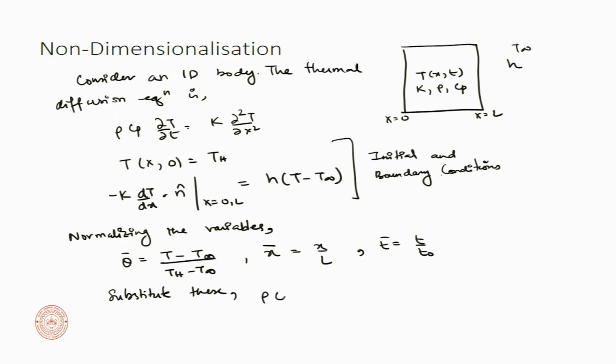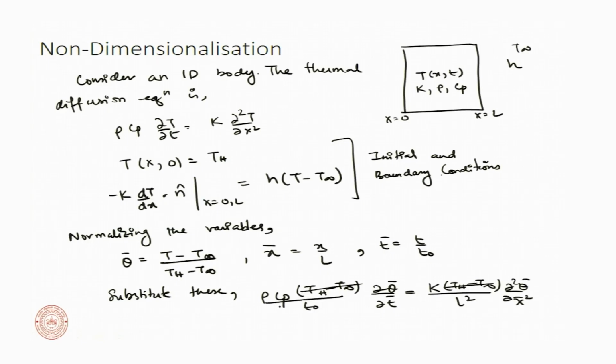We will have rho Cp (T hot minus T infinity) divided by t naught, del theta bar by del t bar, is equal to K by L square. Okay. So, these terms will get cancelled out. We can take everything to the left.